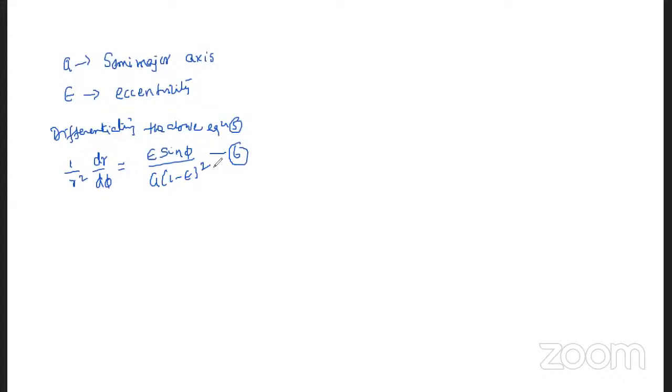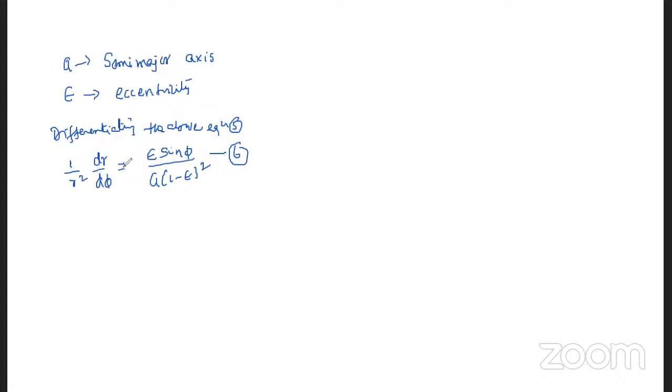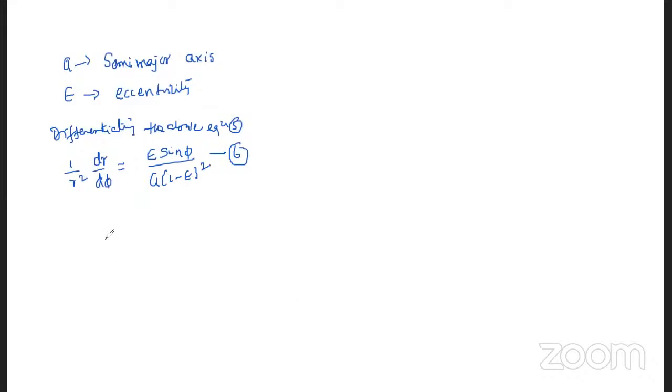So now we have 1 by r is equal to 1 plus epsilon cos phi divided by a into 1 minus epsilon whole square, and 1 by r square dr by d phi is equal to epsilon sin phi by a into 1 minus epsilon whole square. Now we will divide equation 6 by equation 5.